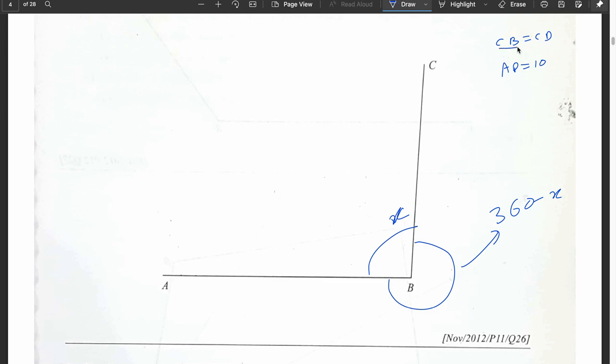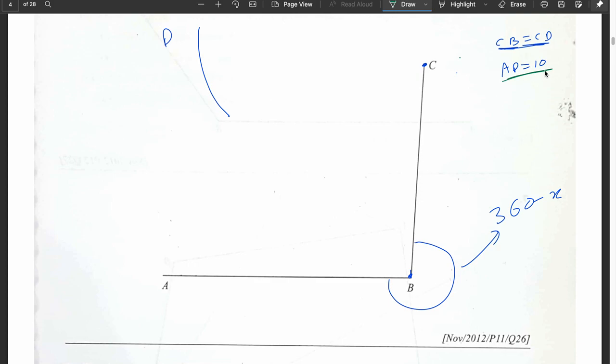Now using this information that CB is equal to CD, I will open my compass, place my needle at C, place my pencil at B and just draw the arc on this side. D will be on this arc and CD is equal to CB because we just used our compass and opened it as equal to CB.